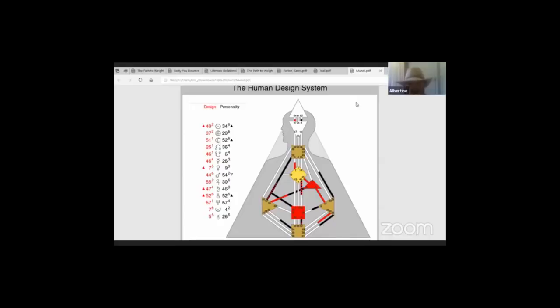how much time do you actually give yourself to be still and focus on the things that are important to you? Because all the motors in your chart are defined, and there's a lot of information coming at you all the time. You've got one of the most psychic channels defined.